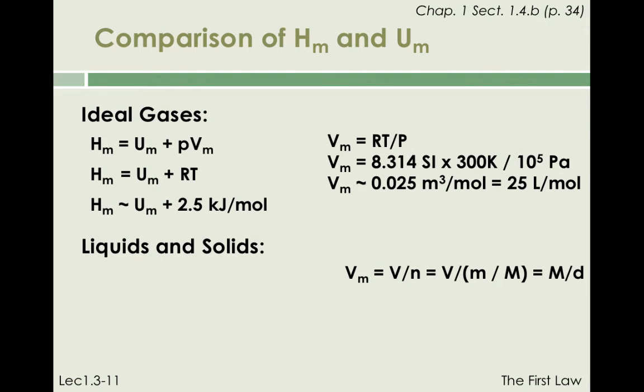The molar volume is the ratio of the volume V to the number of moles N. The number of moles N is equal to the mass of the substance divided by the molar mass. So the molar volume can be expressed as the ratio of the molar mass and the density.